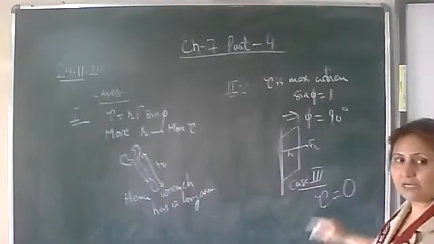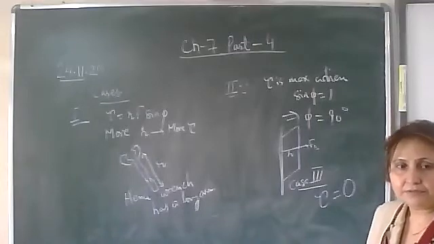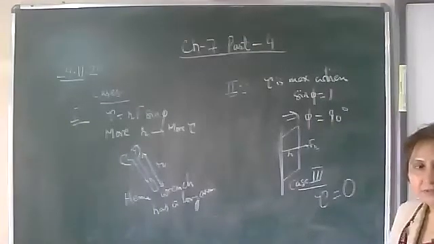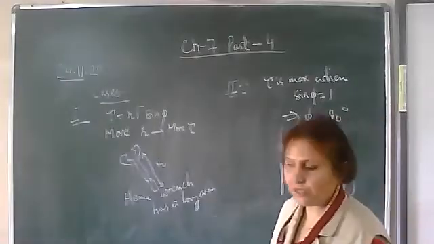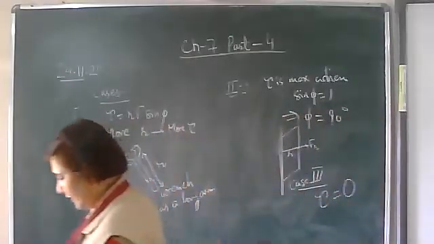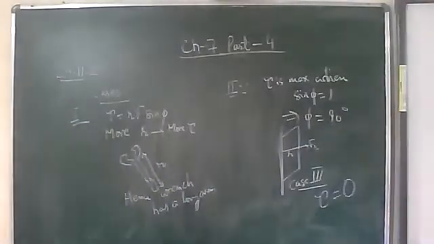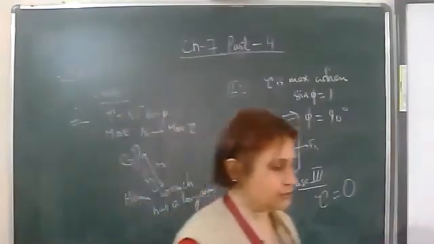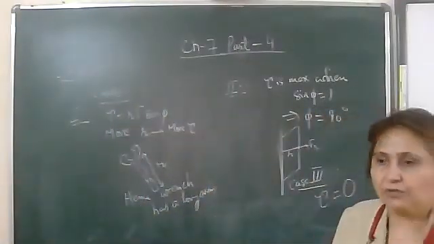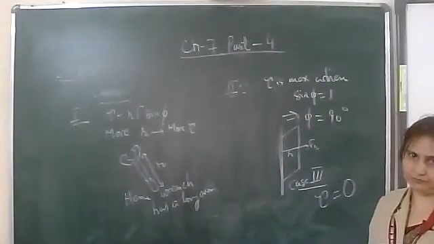So tau is equal to 0. Hence the door cannot be opened due to the radial component of the force.